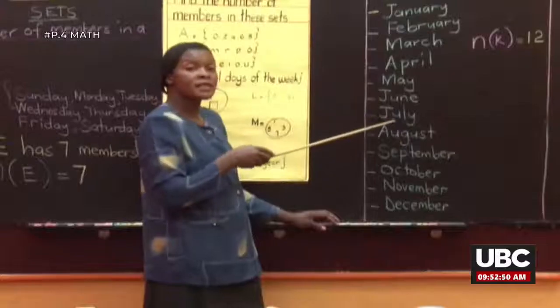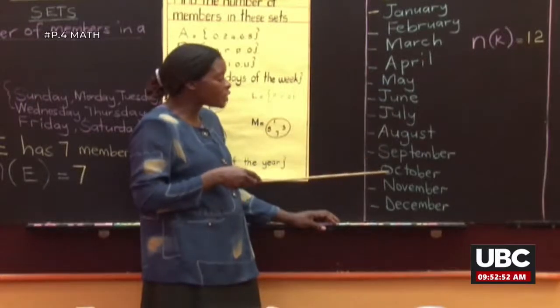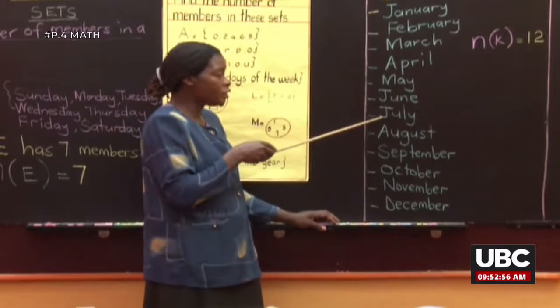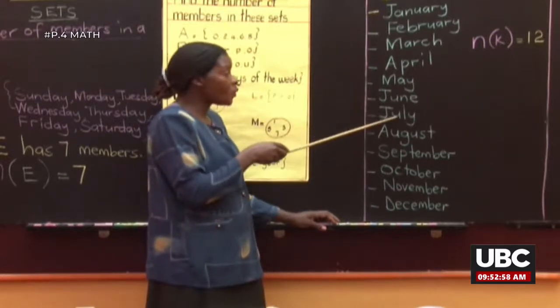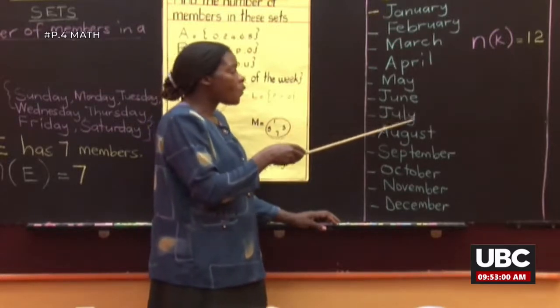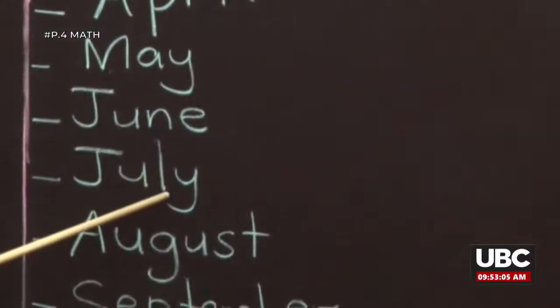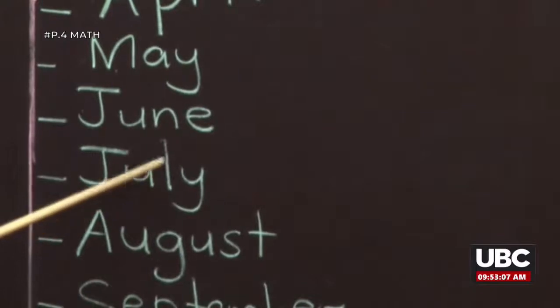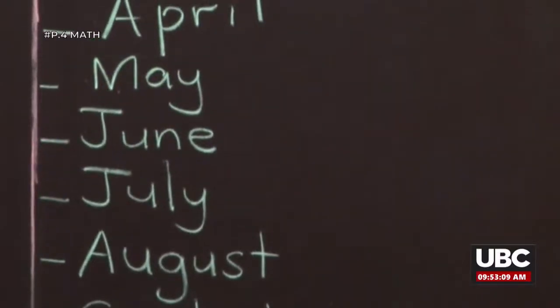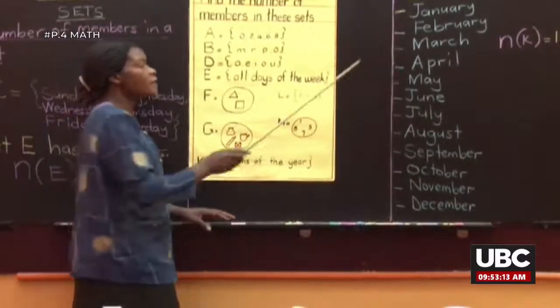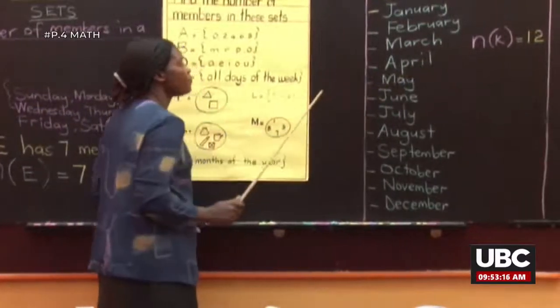And other months can also be spelled, like July. We have J U L Y spelled as that, and the month is July. Since we are looking at number of members in this set K, this is what we have.